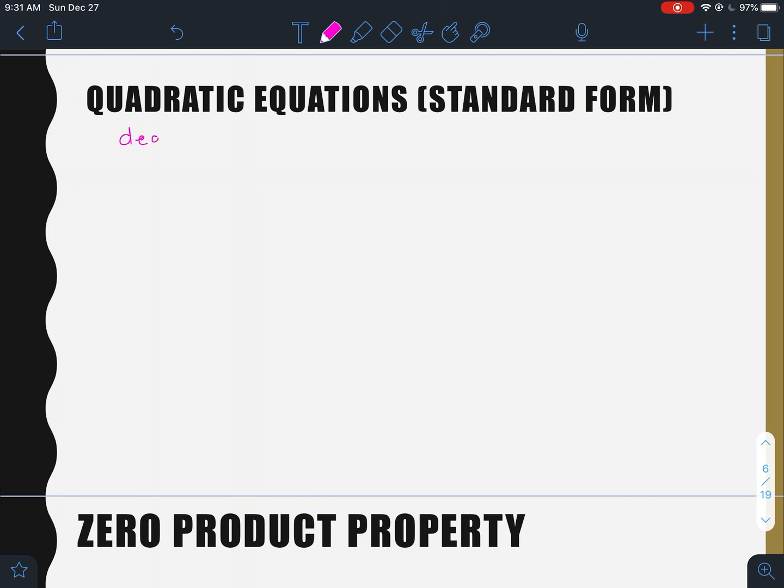So quadratic equations. An equation is a quadratic equation if the degree is equal to 2. And remember, the degree is the highest exponent. So if your degree is 2, or you have an x squared and that's the highest degree, then we call that a quadratic equation.